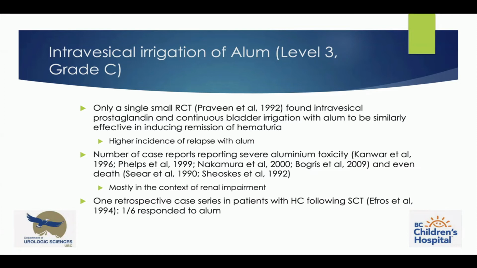There was a number of case reports mentioning aluminum toxicity throughout the years and even sometimes death, again, mostly in the context of renal impairment. And on another retrospective case series in 1994 of Efros and colleagues, only one patient on 6 responded to alum.